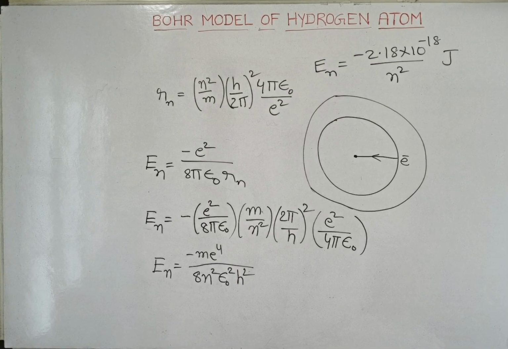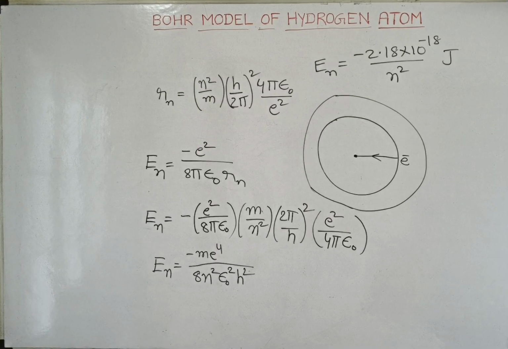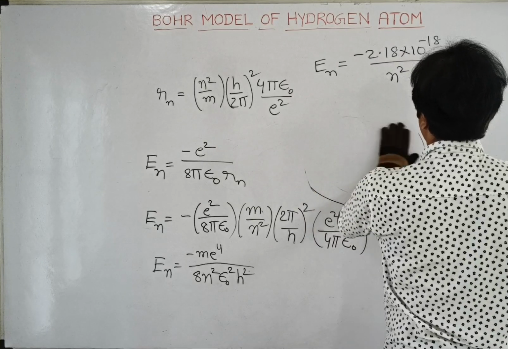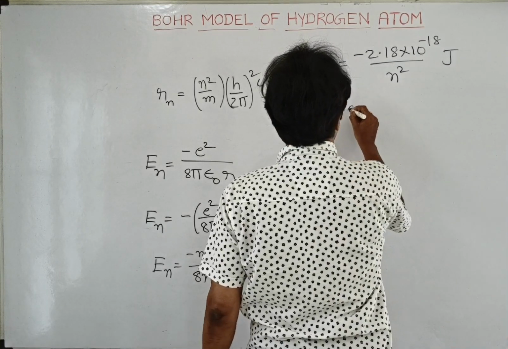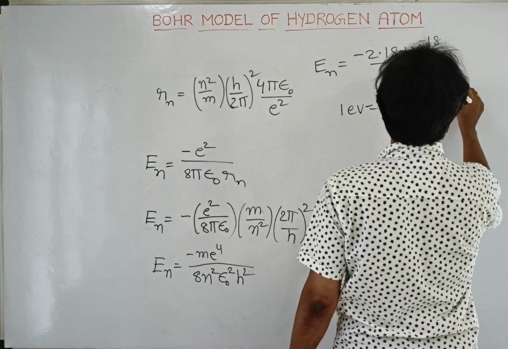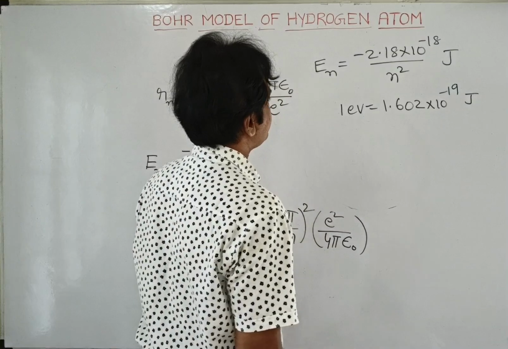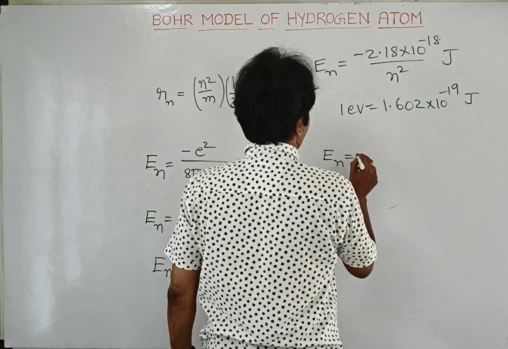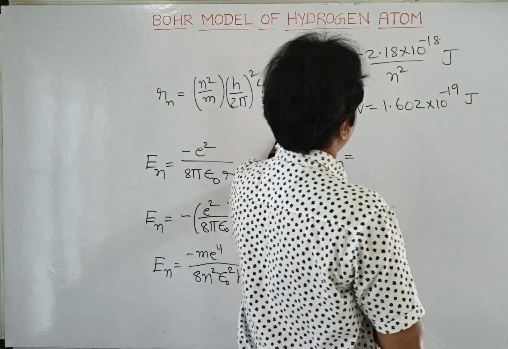If you want to convert the energy into electron volts, what you need to do? This is in joules. We know that 1 electron volt is equal to 1.602 into 10 to the power of minus 19 joules.